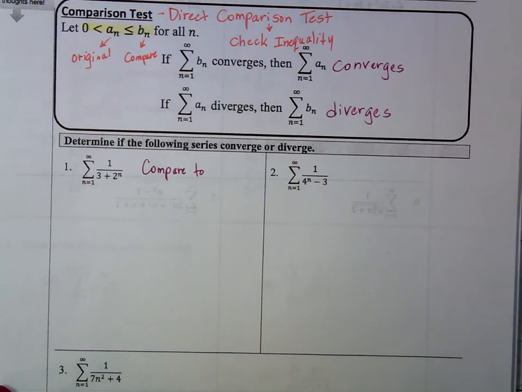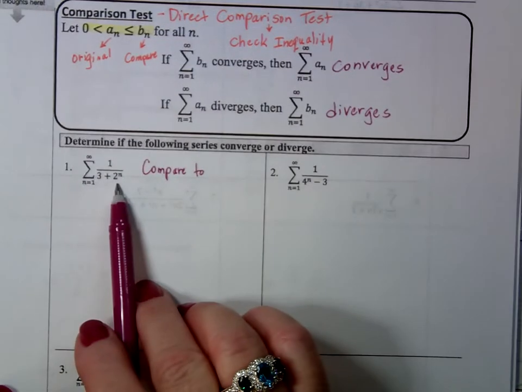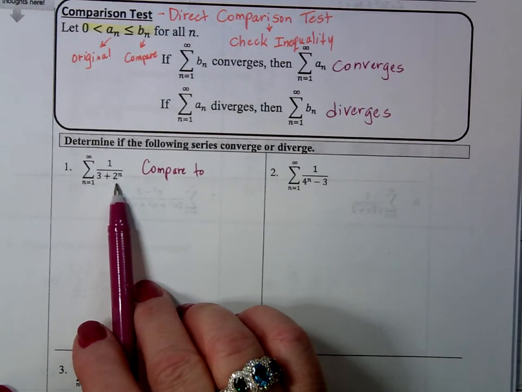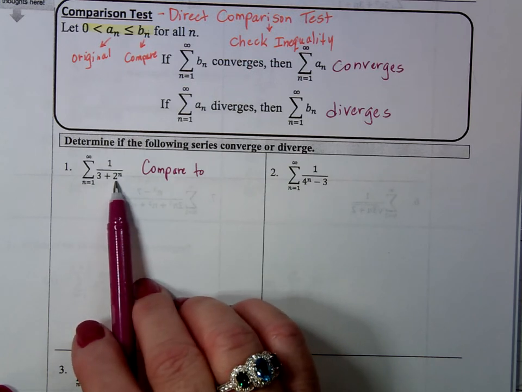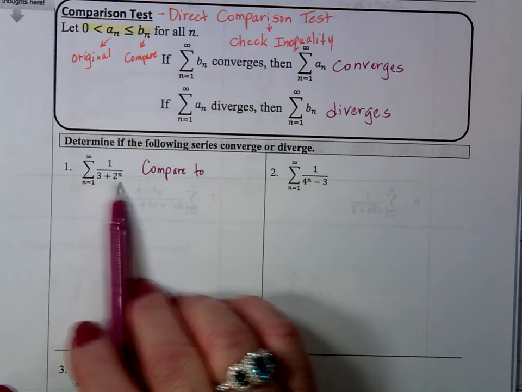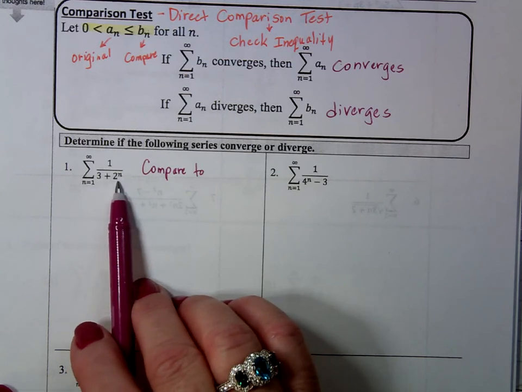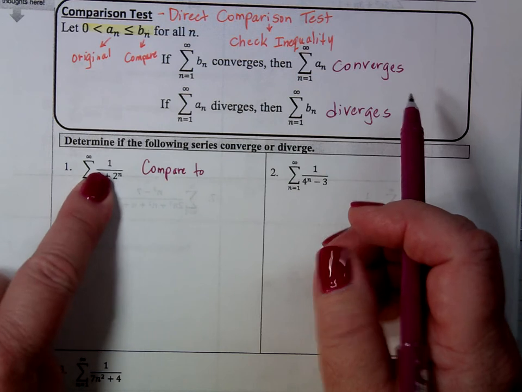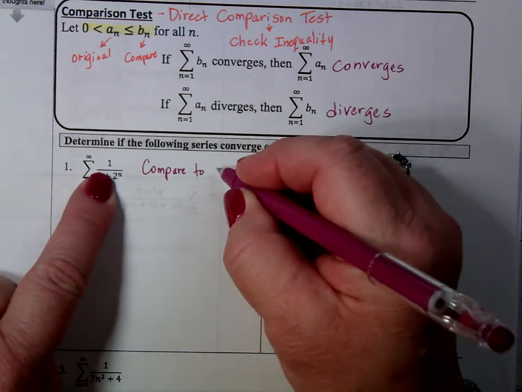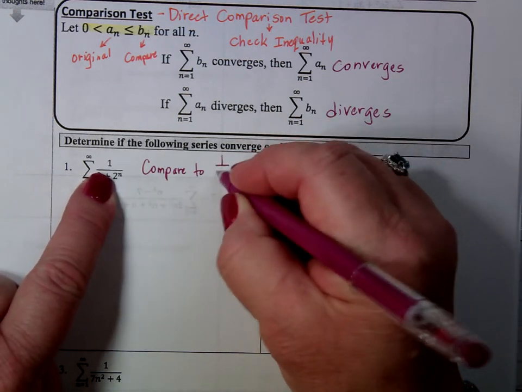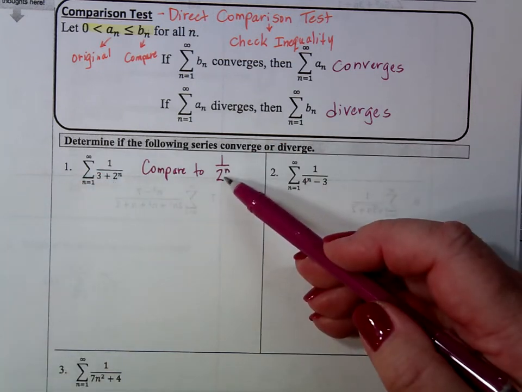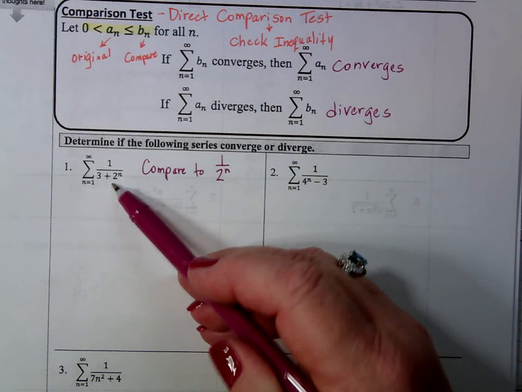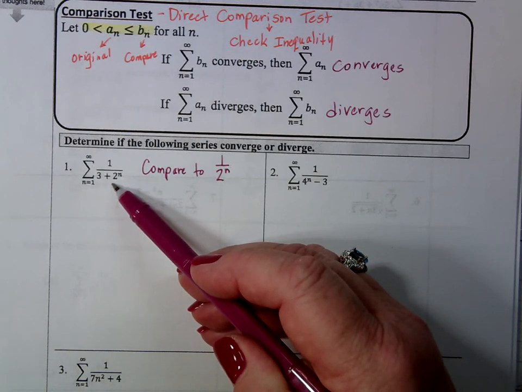So I have 1 over 3 plus 2 to the n, and 2 to the n is really the decider of what this looks like. This 3 plus doesn't really matter much. So I think what I'm going to use to compare is 1 over 2 to the n. Do you see how the behavior of 1 over 2 to the n would be extremely similar to this? The only difference is that you're adding 3.